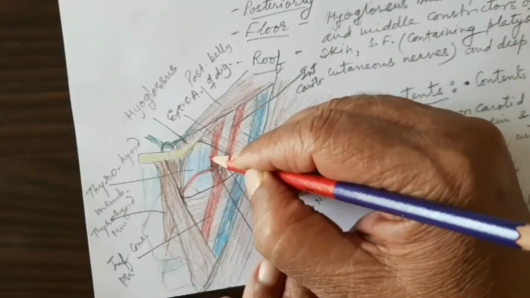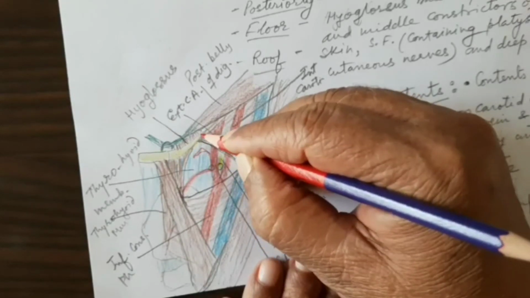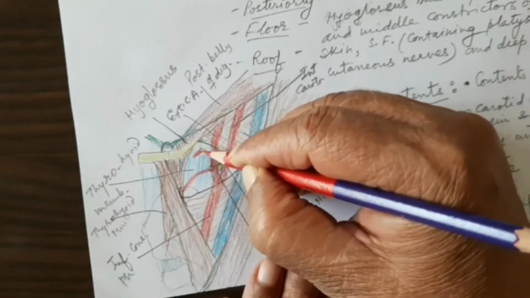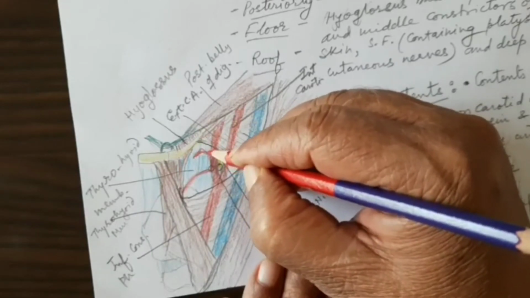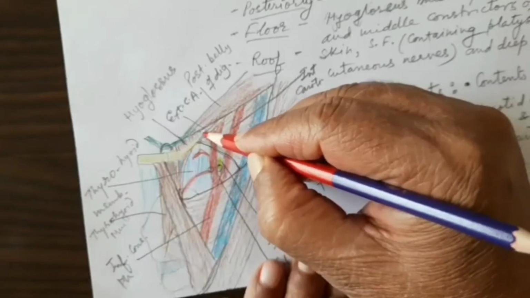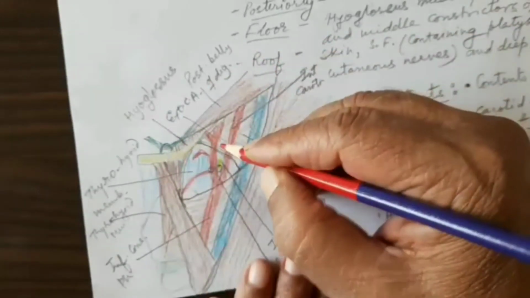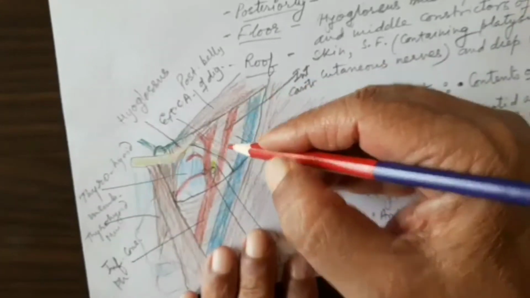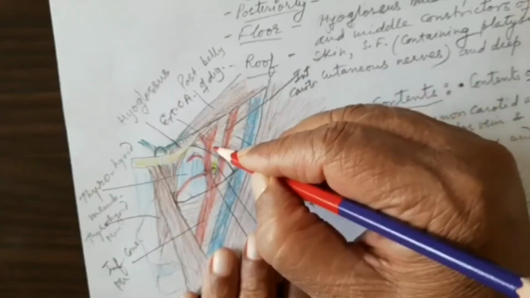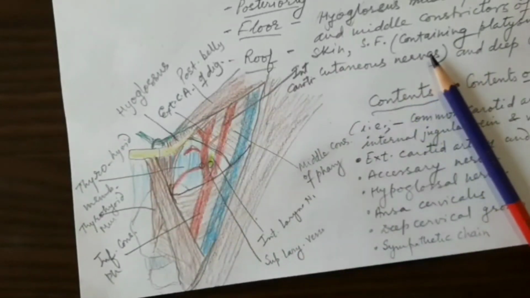Okay, so this is the superior thyroid artery, and the ascending pharyngeal. Then it will have a loop, the lingual artery, which is close to the greater cornu. I have drawn it a little lower down, sorry for that. And then there will be an artery which goes to the face, that is the facial artery. There will be an artery which is the occipital artery. So these are the arteries which take origin from the external carotid artery.